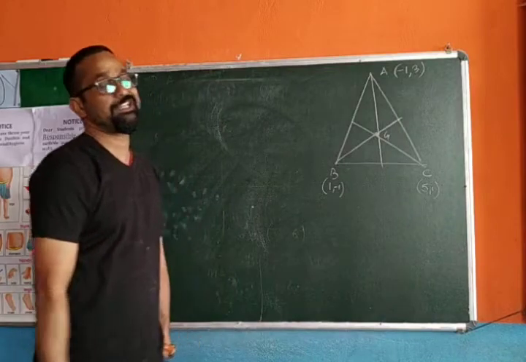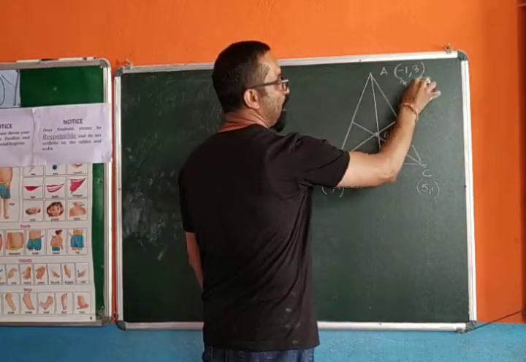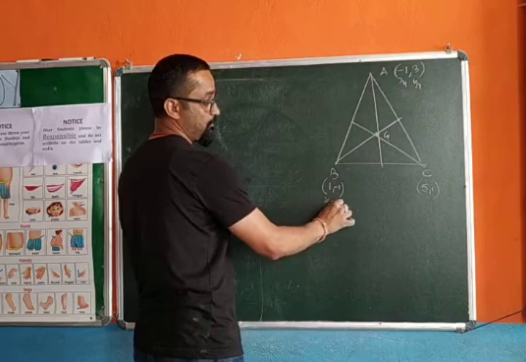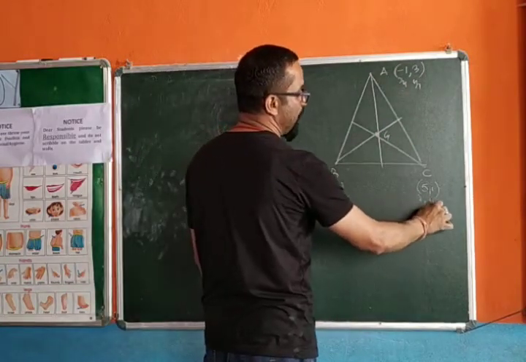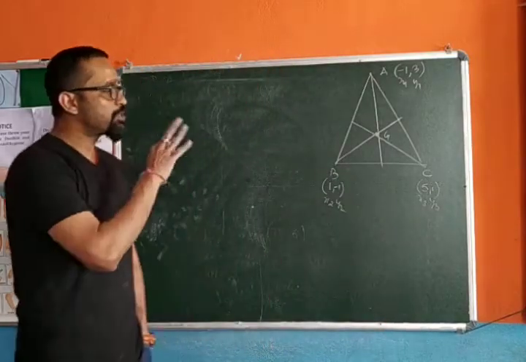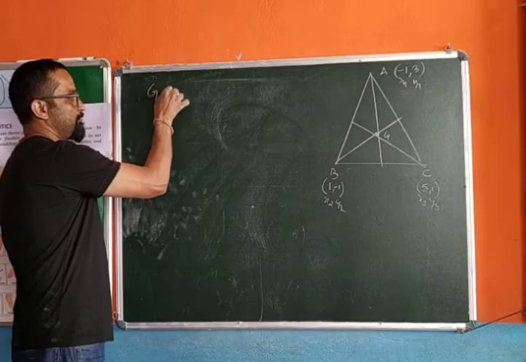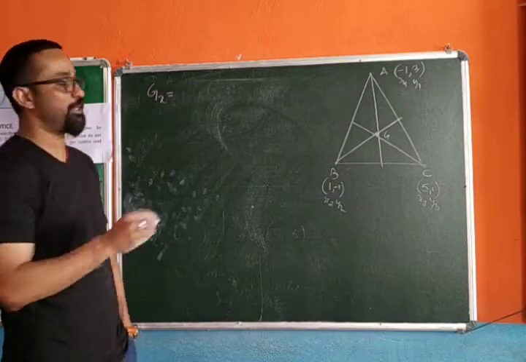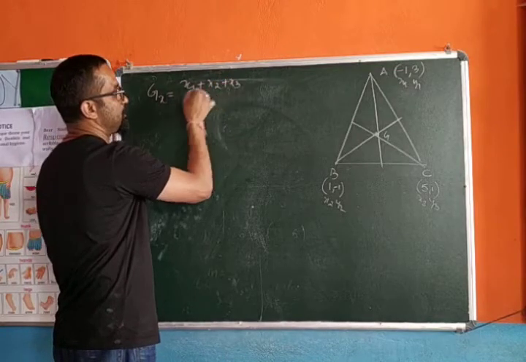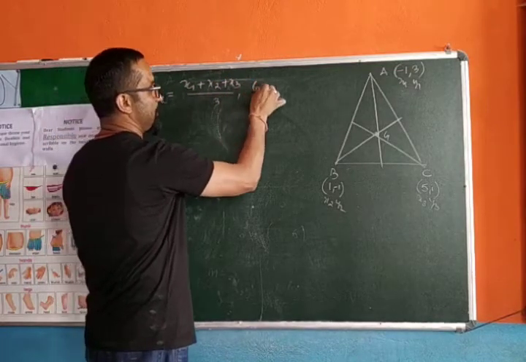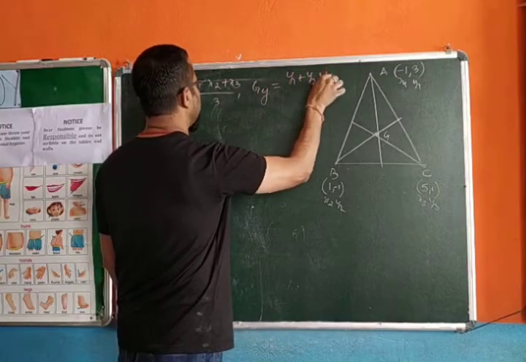It is represented by G. The first vertex is x1, y1, the second vertex is x2, y2, the third one is x3, y3. Once you write this, use Gx, the x coordinate of the centroid, equals (x1 + x2 + x3) divided by 3. Gy equals (y1 + y2 + y3) divided by 3.